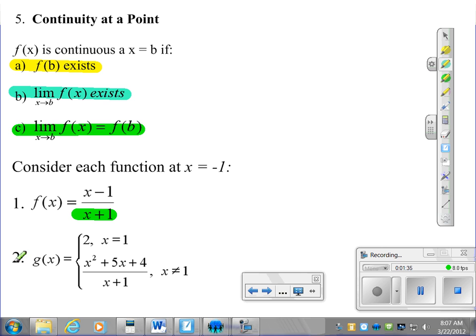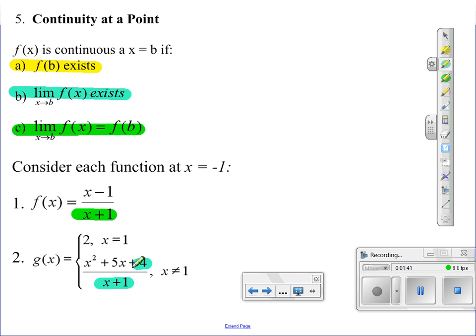In question 2, when we put 1 into here and into here, we find that there is a hole at 1. Because the value is 2 at 1, we need to check that when we simplify, we don't end up with the same value of 2, because that hole would be filled in.